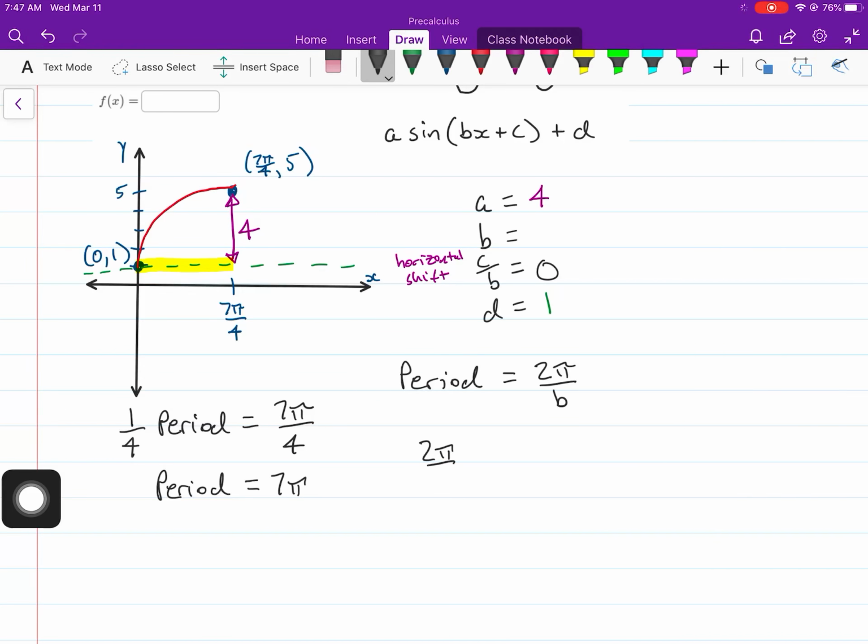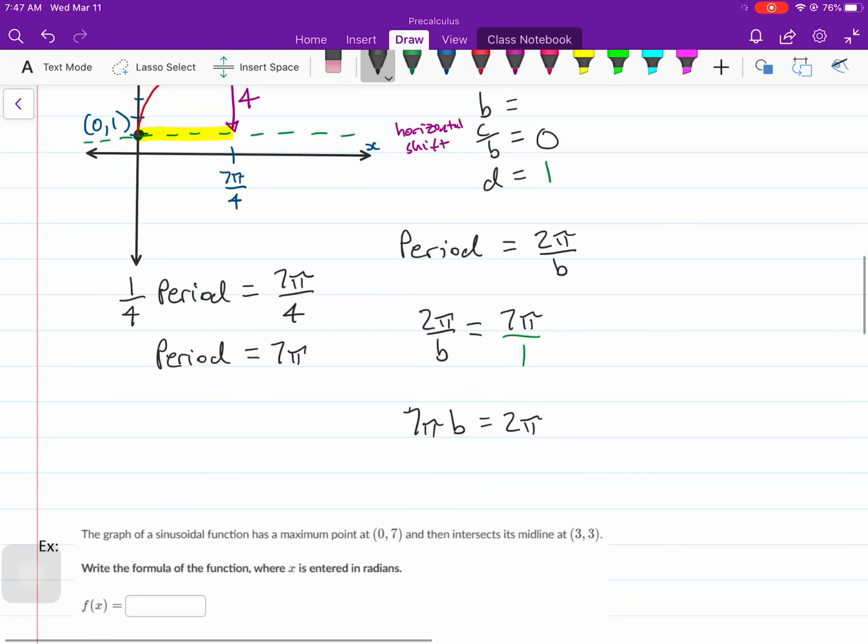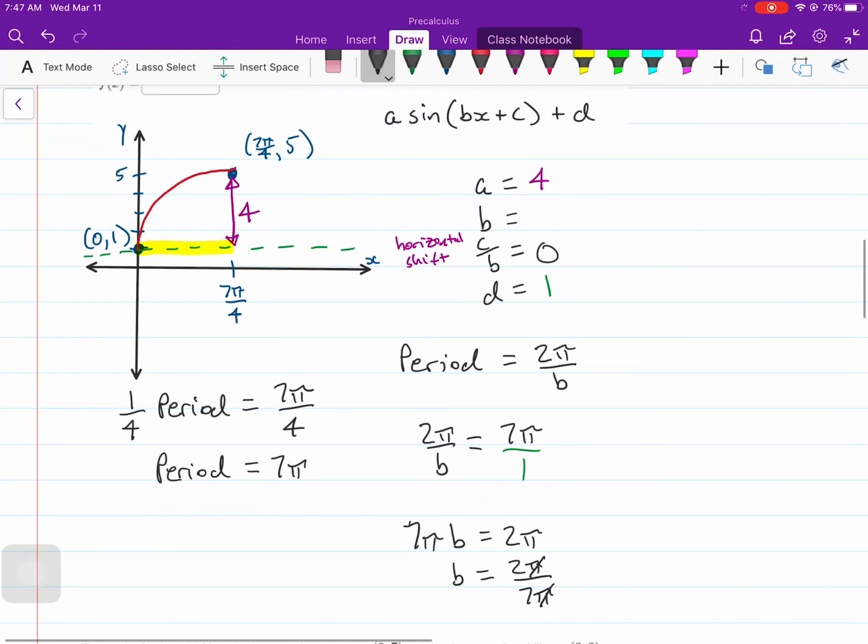I'm going to make it a fraction to make our cross multiplication easier. Cross multiply: b times 7π is 7πb equals 2π. Then divide the 7π to the other side, and you'll get 2π over 7π. The π's cancel out, and 2 over 7 is b.